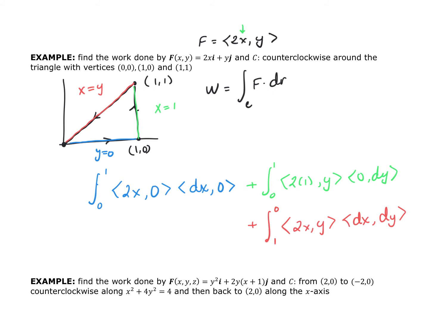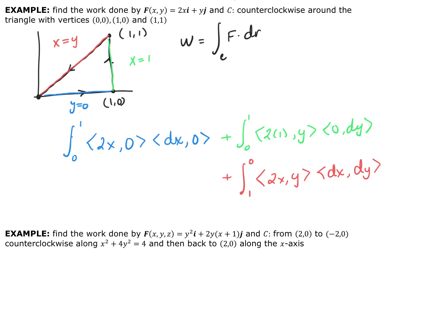Now, I want to avoid this last one having two variables, so this is the one I'm going to parameterize. I know that x is equal to y. So I'm going to change this into 2x comma x, because x is equal to y, and then dx.